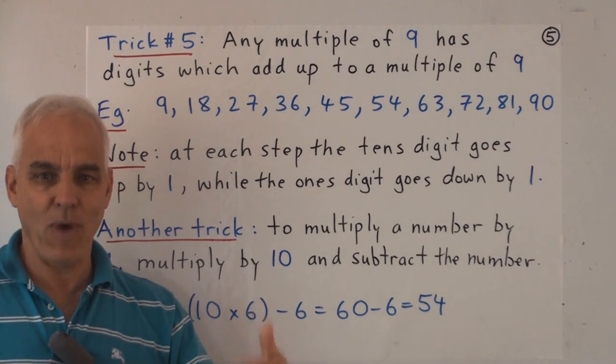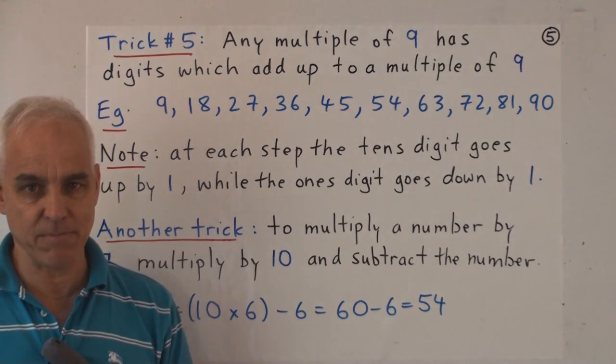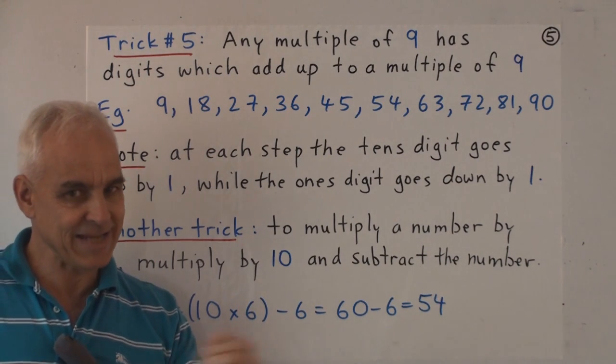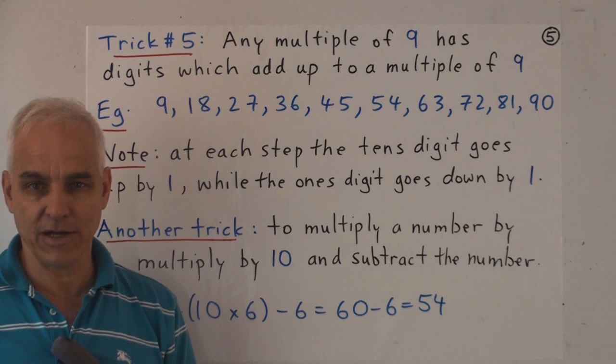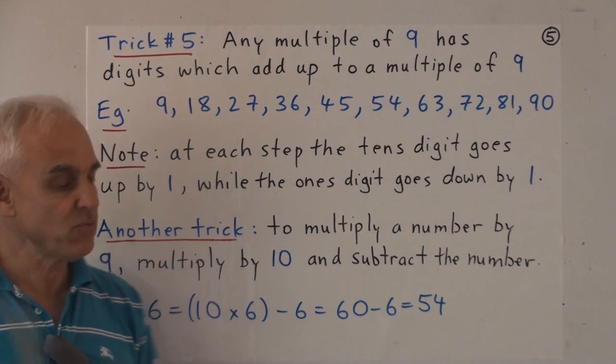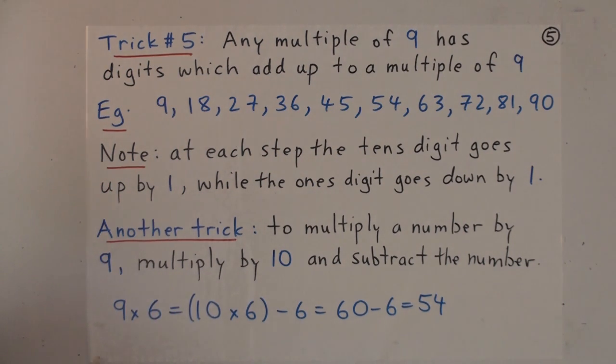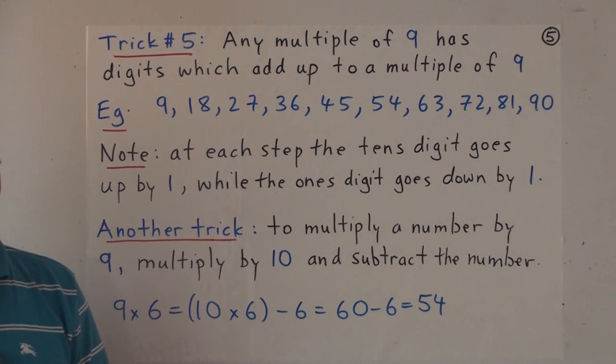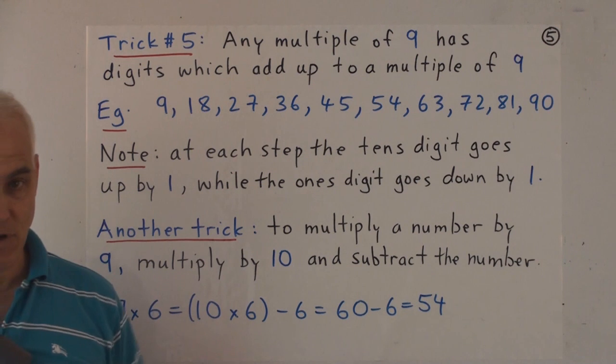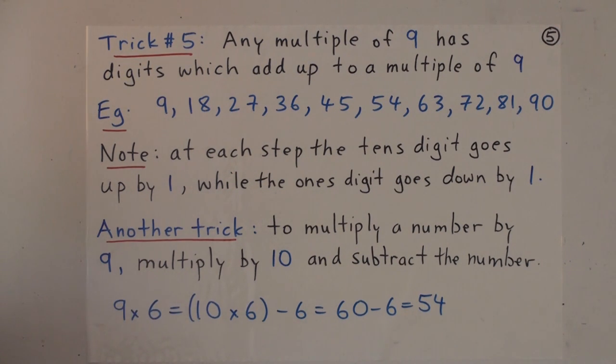Things work very well and simply with tens and powers of 10. So if we can relate something to 10, chances are it'll be easier to remember. And that's why multiplication by 9 is one of the easier ones on the table to remember, even though it's in fact almost the last row.